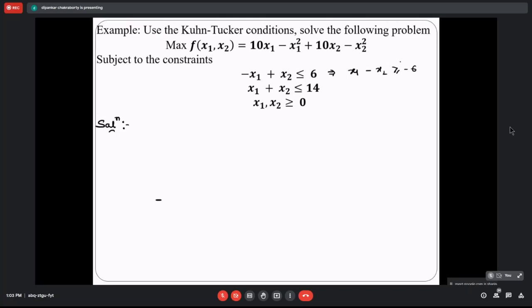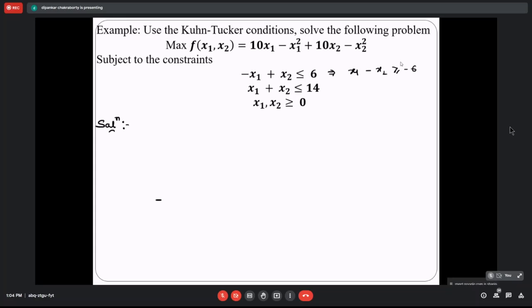Getting my point or not? Is it okay to you? If it is not a standard maximization problem, we can always convert it into a standard maximization problem by transforming the greater than or equal to sign to a less than or equal to sign by multiplying by minus 1. Okay, to all of you? Is it okay?